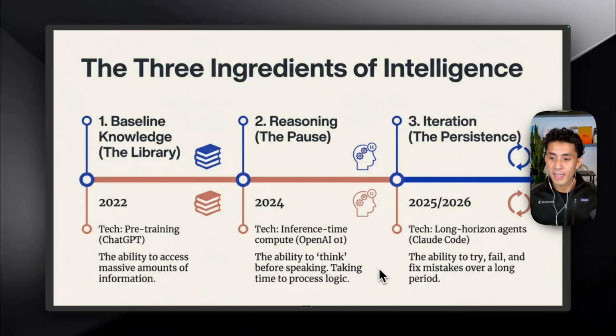So now these agents have the ability to try, fail, and fix mistakes over a long period of time. So it's this persistence, in the same way that a real intern or a human being would have, that has created this insane innovation of being able to have AI agents or agentic AI work with you like real coworkers.